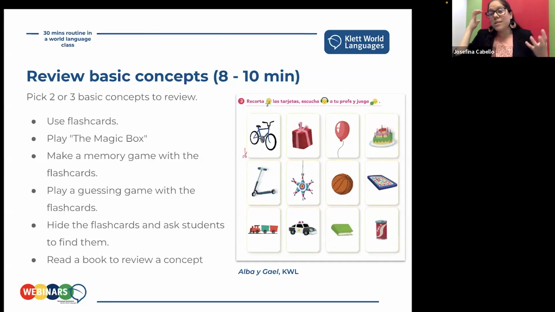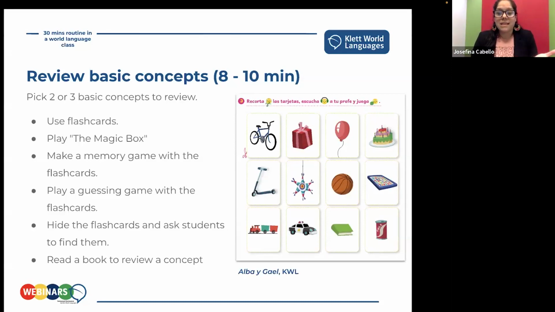So you're going to start asking questions for your students to answer. Your students are going to start asking you questions, and you're going to just answer those questions, and they're going to guess. If you have students who have very novice level, they're going to be yes or no answers. If your students are a little bit more advanced, you can ask more elaborated questions.